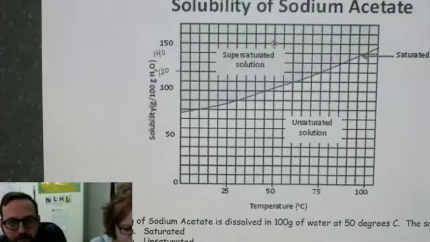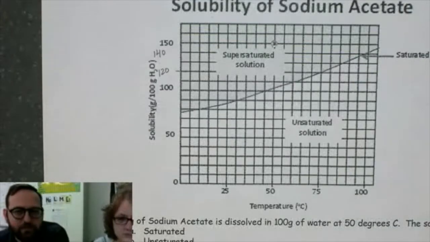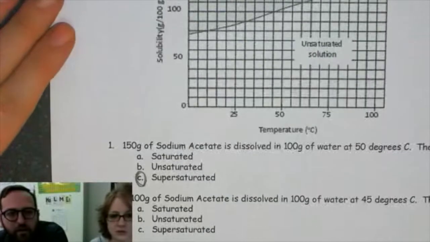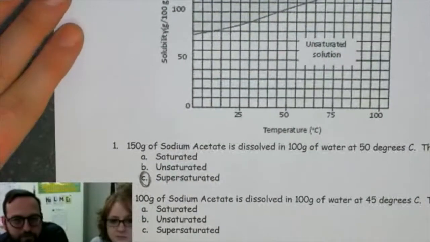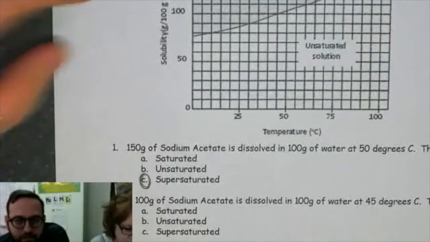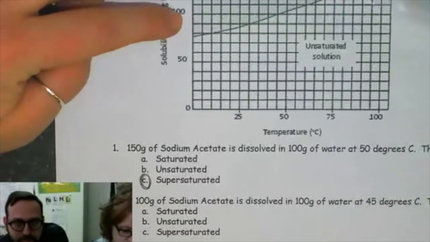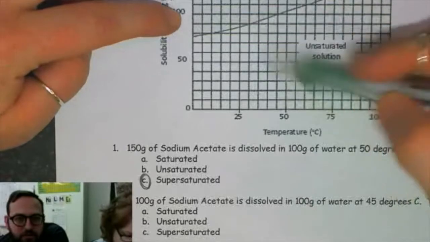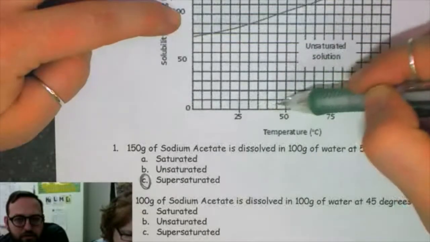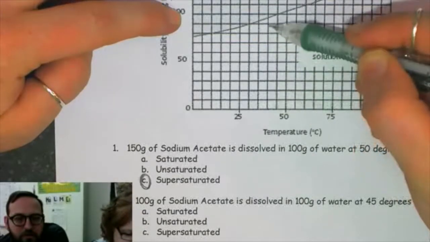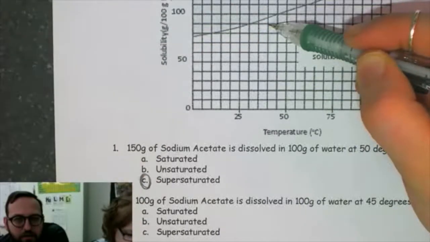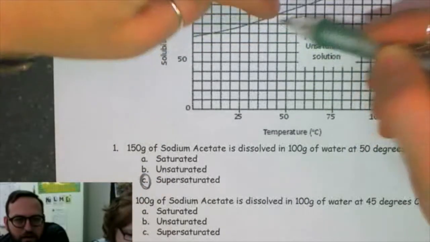Okay, let's take a look at question 2. Scoot your paper up so they can see it on the screen. All right, so that one says 100 grams of sodium acetate is dissolved in 100 grams of water at 45 degrees Celsius. 100 grams? Uh-huh. So we're looking right here probably.